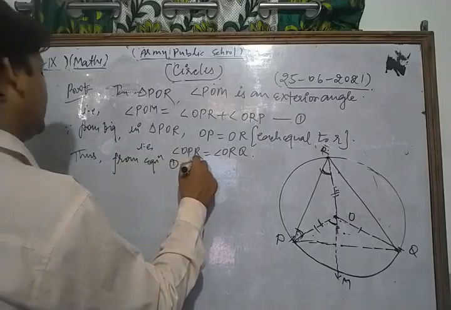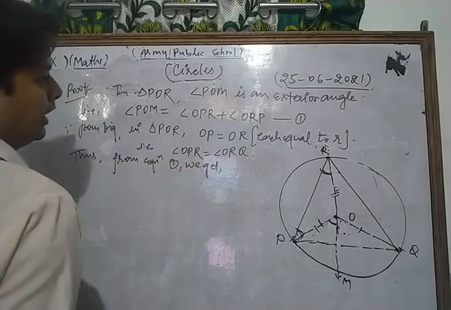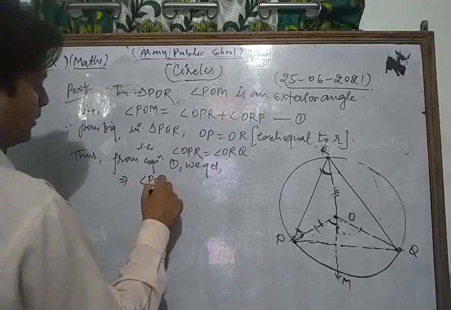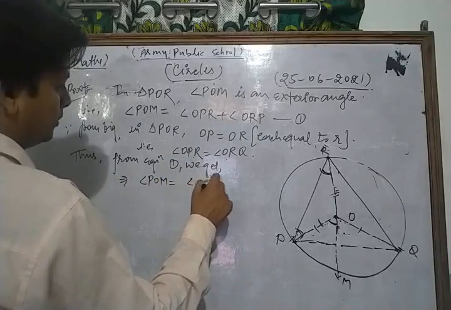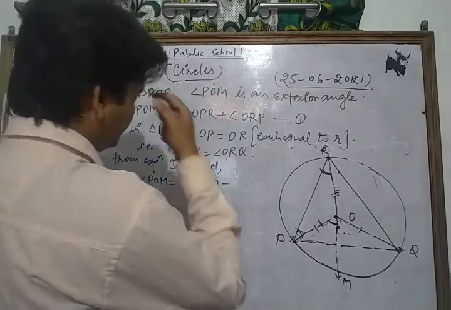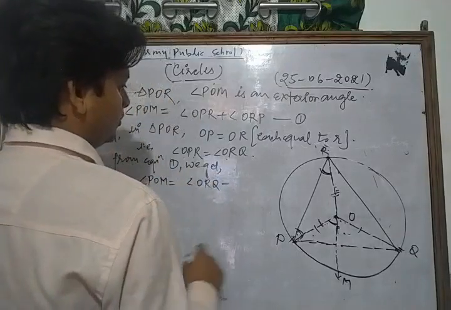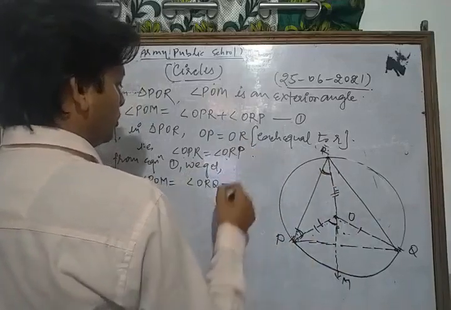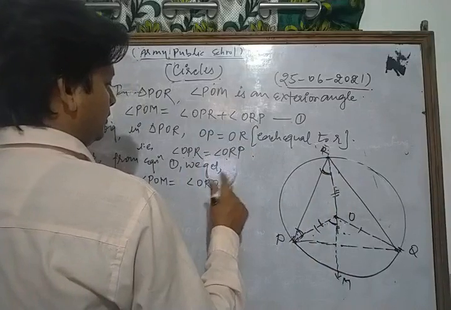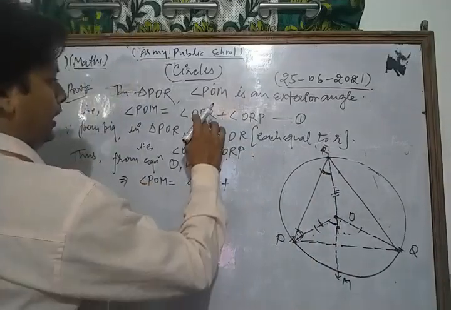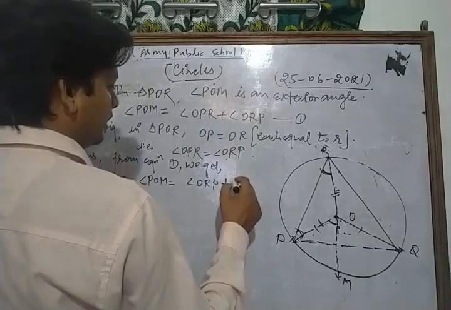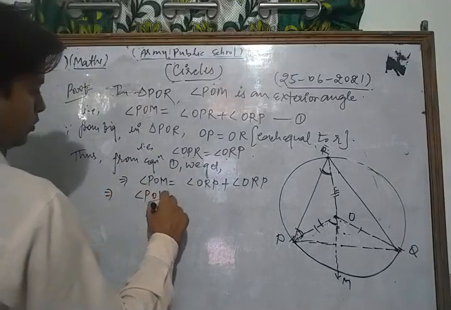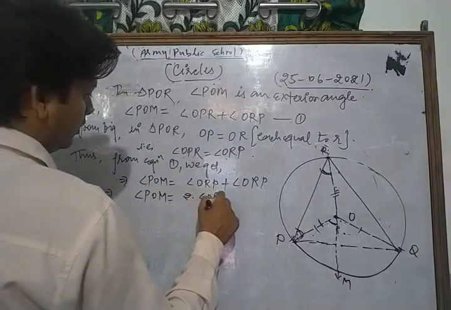From equation 1, we put angle OPR as angle ORP, so we get angle POM is equal to angle OPR plus angle ORP.